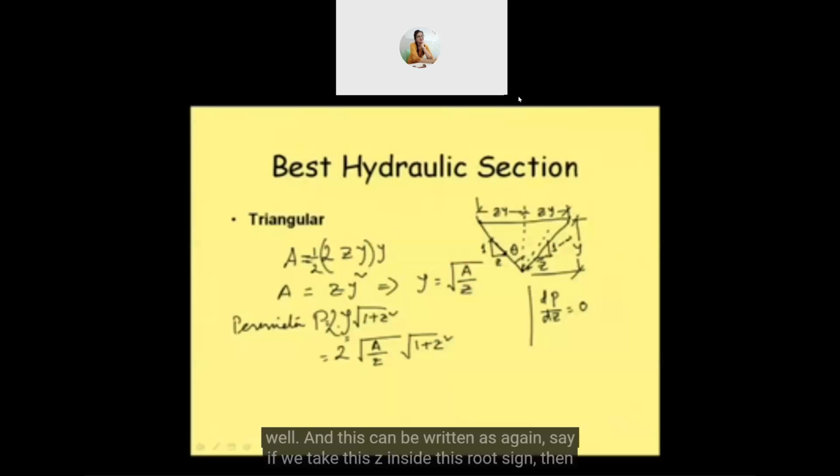So squaring the above equation, what we can have is p square is equal to 4a times (1 by z plus z). Now we can differentiate this equation with respect to z.